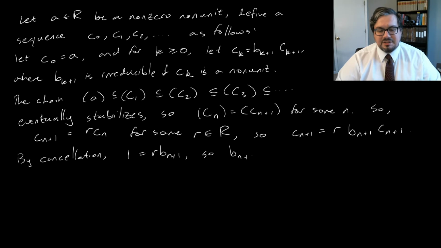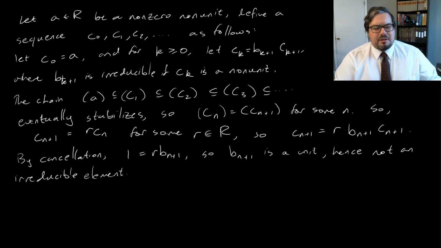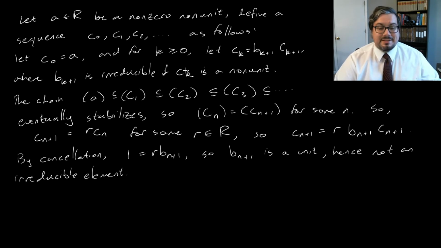So in particular, this means that Bn plus 1 is a unit, hence not an irreducible element. Well, we always picked our B elements to be irreducible if the previous C was a non-unit. So if this Bn plus 1 is a unit, then it's not irreducible, which means that Cn is a unit.